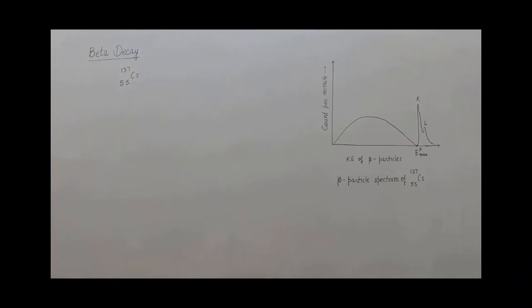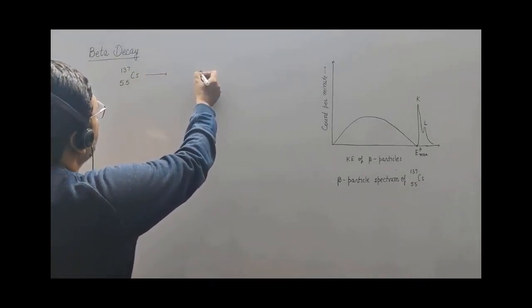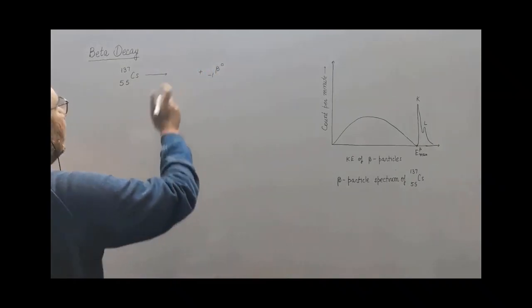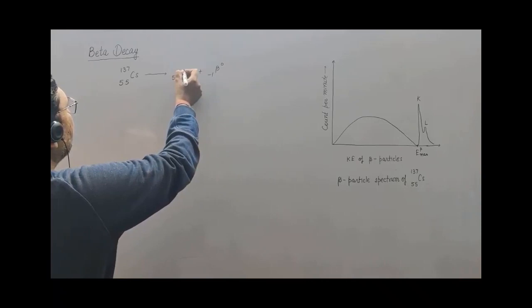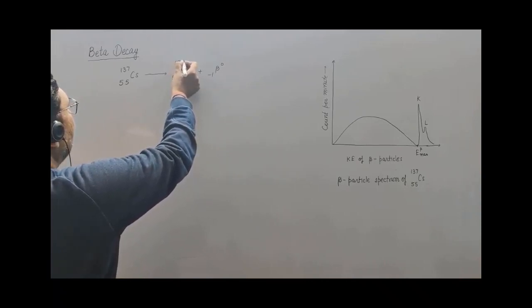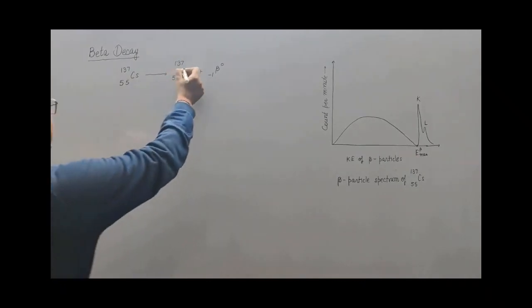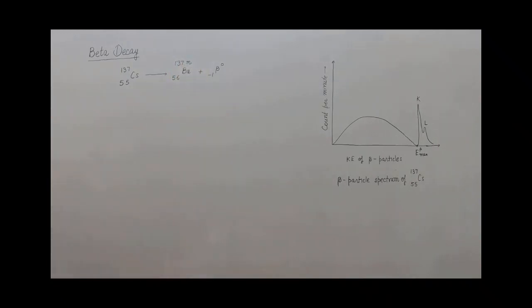This is a radioactive nucleus which emits a beta minus particle, -1β0, and the product will have atomic number 56 and mass number 137. What is the element corresponding to 56? This is Ba, and here it is in a metastable state. So this is an example of beta minus emission.